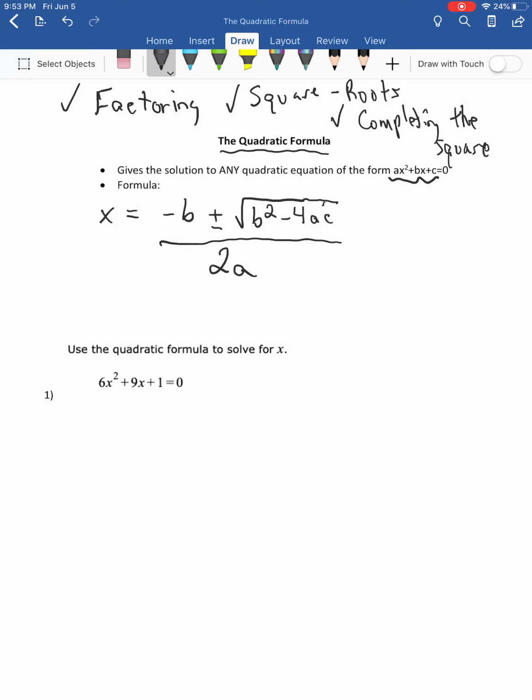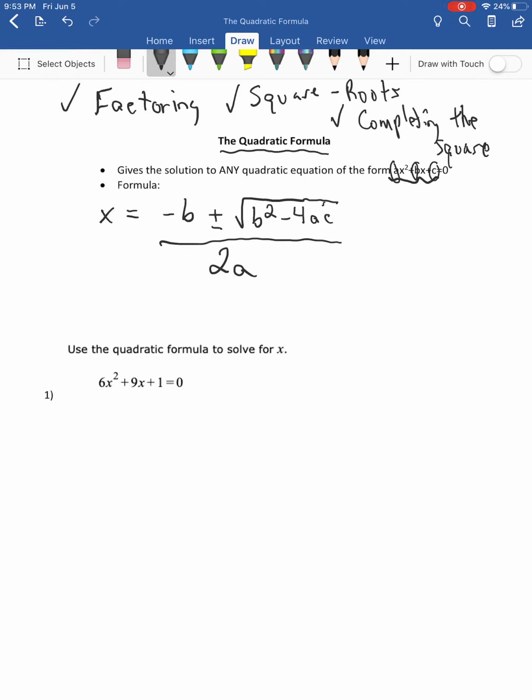The values of a, b, and c come from the coefficients in standard form of a quadratic equation. Okay, so let's get into an example.